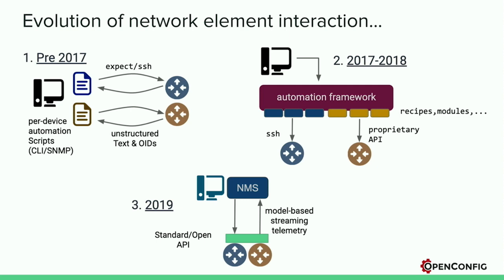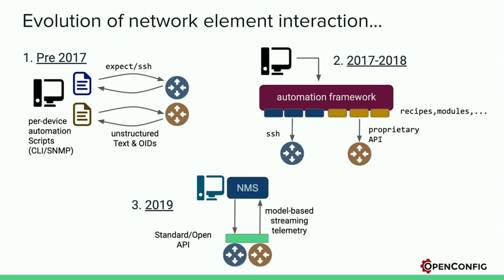So here's the path we took, trying to bring programmatic access, or trying to monitor the network and deploy the network in a common way. We had the SNMP stuff, proprietary MIBs. Then we moved on to proprietary APIs, and we had recipes and Ansible and modules, and we even were doing screen scraping for the stuff that wasn't available via an API, having scripts that log in, do show commands, and automatically try to structure that data.